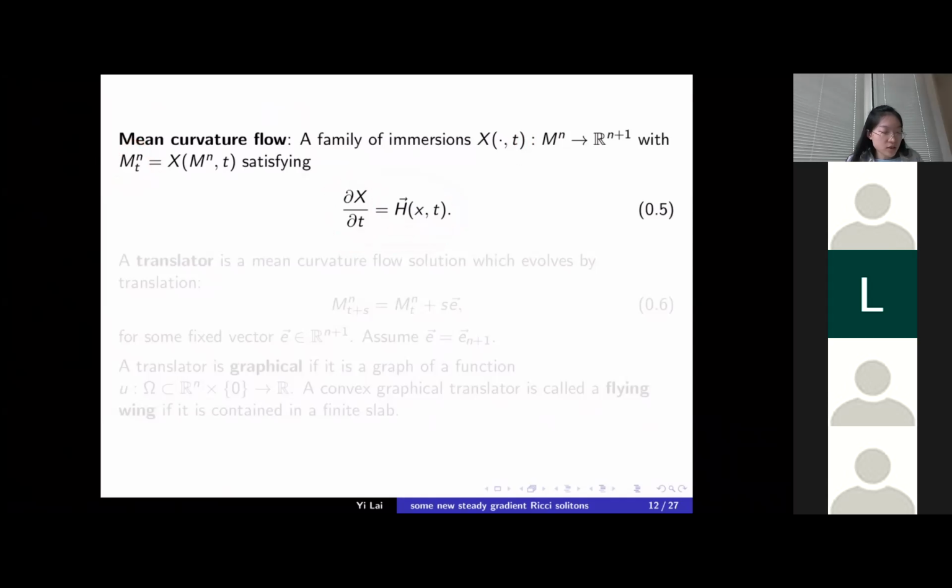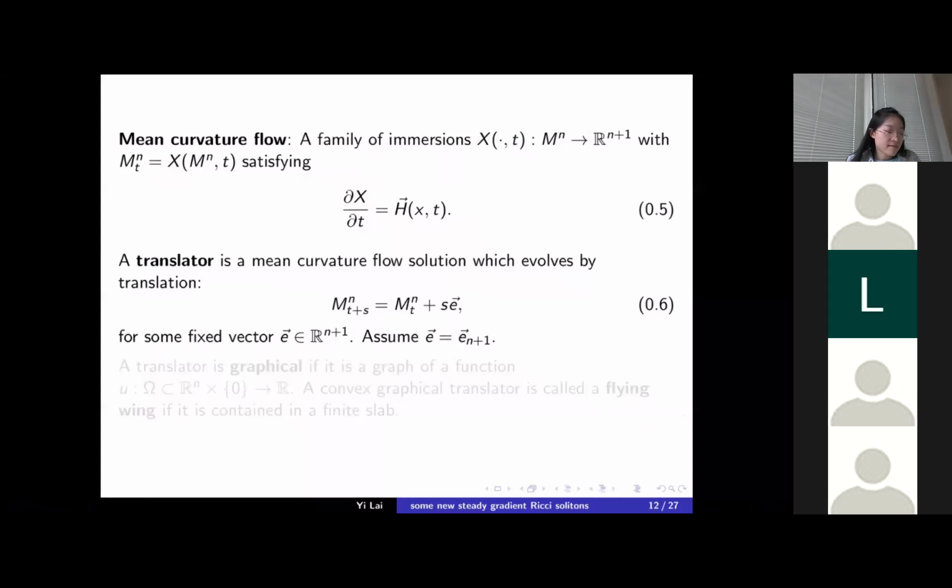And also there are self-similar mean curvature flows, and the counterpart of our steady gradient Ricci soliton is called a translator. The translator, by definition, is a mean curvature flow which evolves by translation.